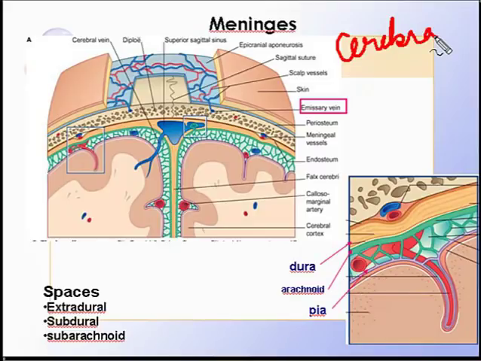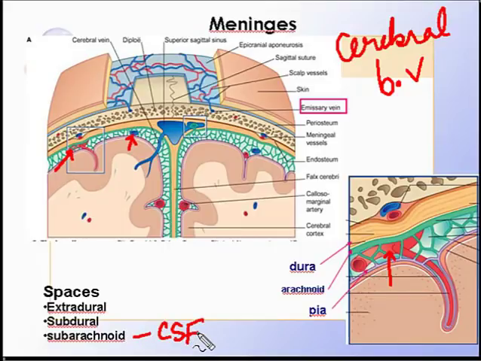They are both arteries and veins. Here you can see an artery, and here you can see the same artery, and you also see a vein up here. That's why you have both arteries and veins in the subarachnoid space, and they are bathed in the CSF. So in the subarachnoid space we have CSF which bathes the cerebral blood vessels.